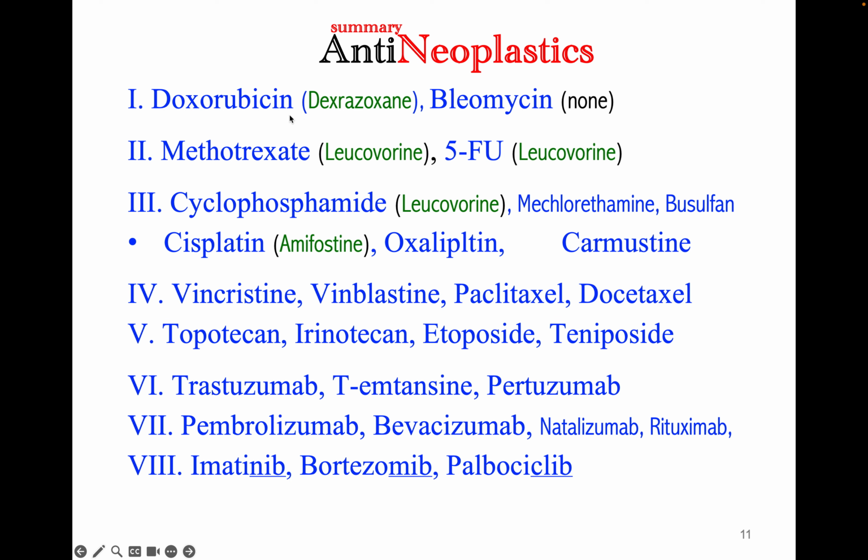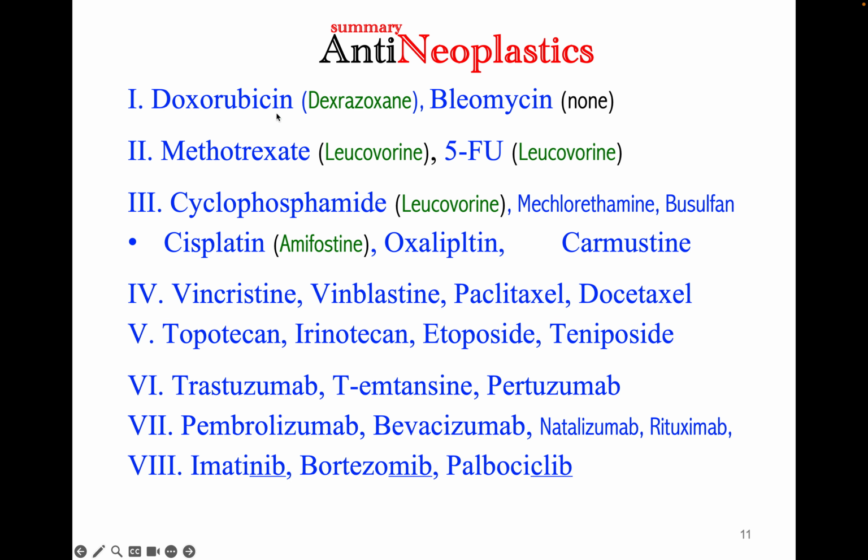Therefore, cardiomyocytes will die and be replaced by fibrous tissue, by fibroblasts. That is the irreversible adverse effect. That is why the boards really like to ask that question. And one more point, this is a dose limiting toxicity. Cumulative dose limiting toxicity.